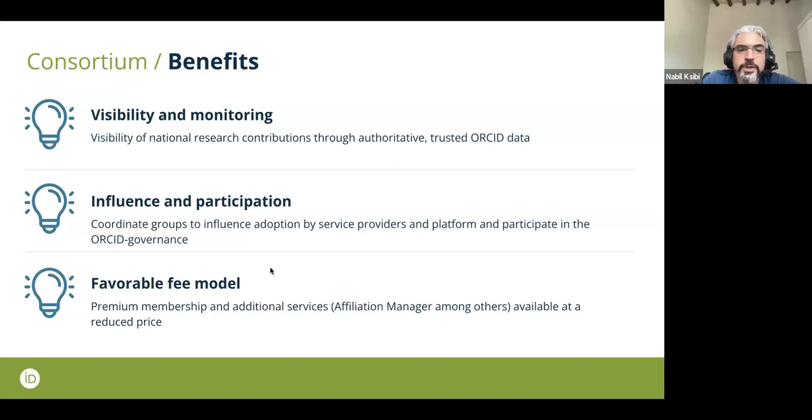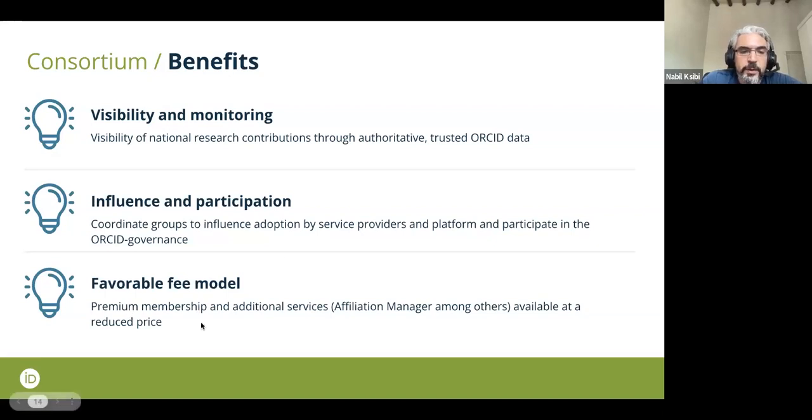Then there is the influence of participation: how this group of consortium can participate and influence the adoption of ORCID through service providers and platforms, and also participate in ORCID governance, because we are a community-led organization and our board of members is elected by our members. So any member has the right to vote for our board of members.